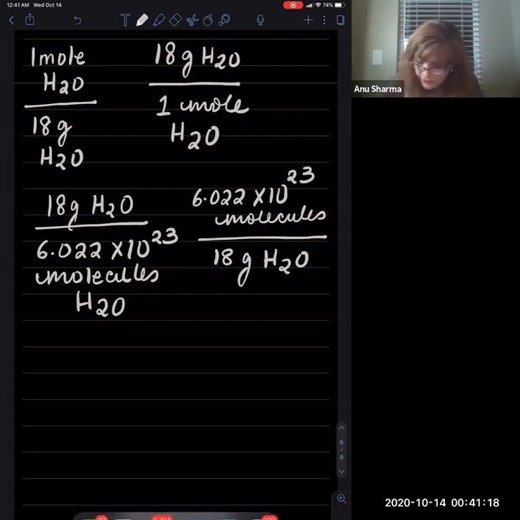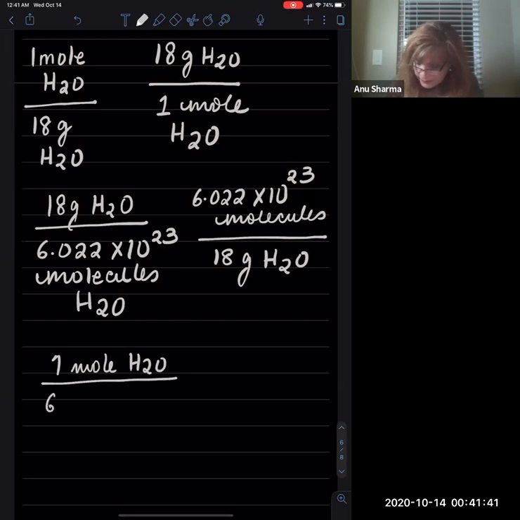Next, we are going to look at moles and grams, and molecules. So 1 mole of water contains 6.022 times 10 to the power 23 molecules of water.